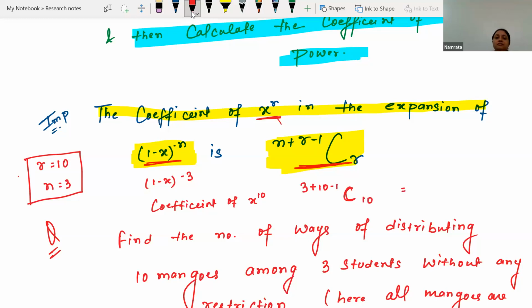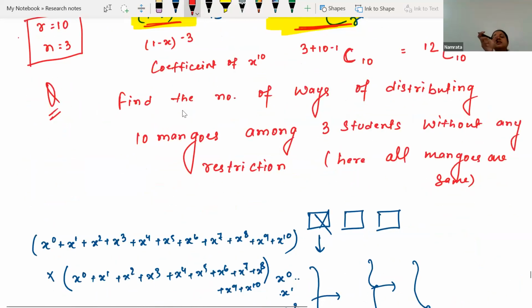Is it okay? Yes, ma'am. So we have 13 minus 1, that is 12 C 10, right? Yes, ma'am. This thing we would need to do by expansion, but since we have the formula, we are able to apply it.